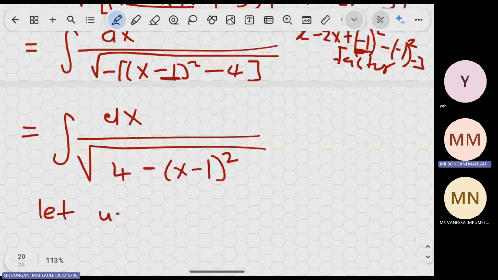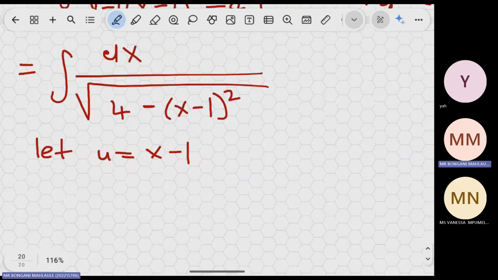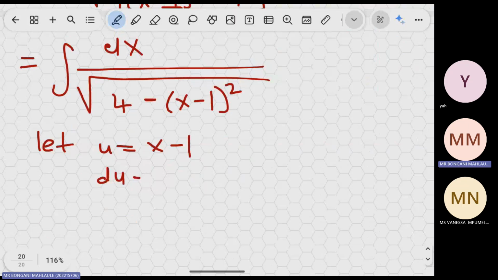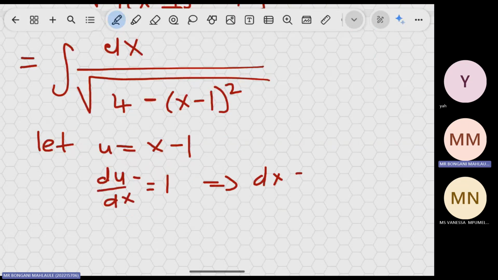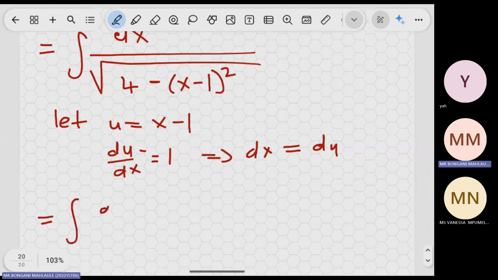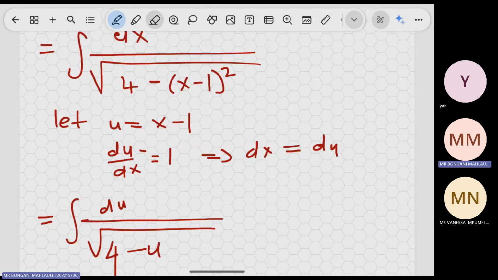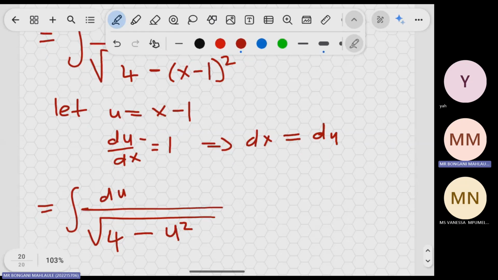Let u be equal to x minus 1. du over dx will be equal to 1, which will imply that dx is equivalent to du. Then I can put the u there, and here I know I'll have 4 minus u squared. So this is a simplified thing. Using u substitution can actually help you.